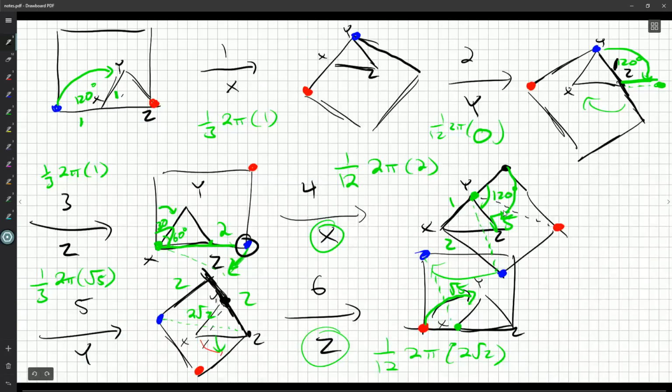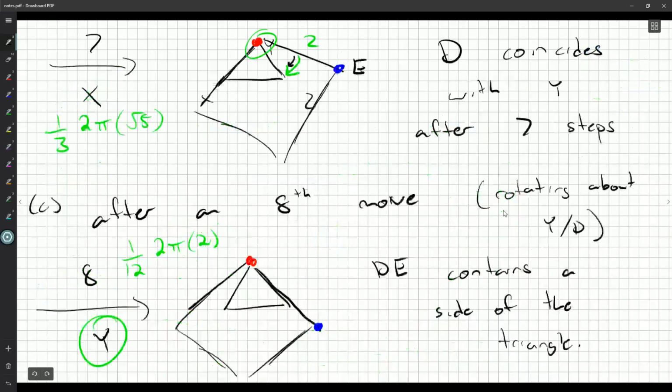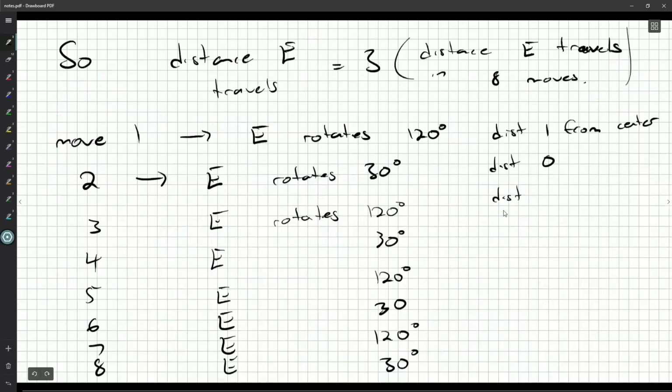Now it's 2 away from x. Distance 1, then distance 2. Then it was distance root 5. Then it was the furthest it ever is away, and that's a root 8, or 2 root 2. And then a distance root 5, and then another distance of 2. So it goes 0, 1, 2, root 5, root 8, and then it goes down, root 5, 2, 1, 0. That's sort of what's happening here.